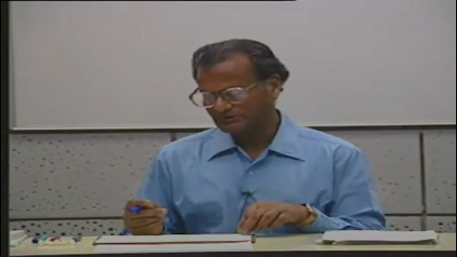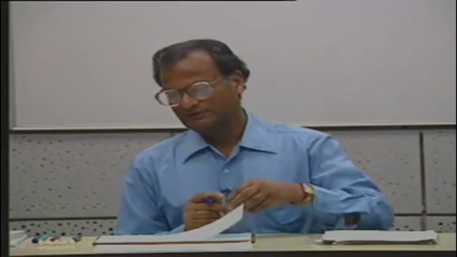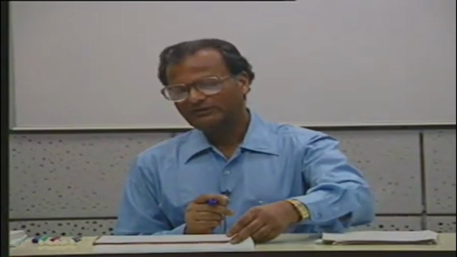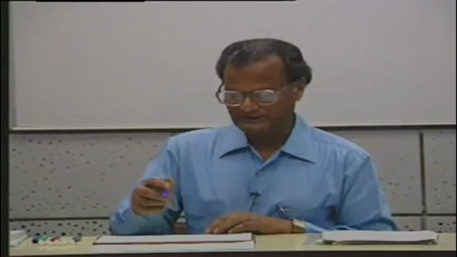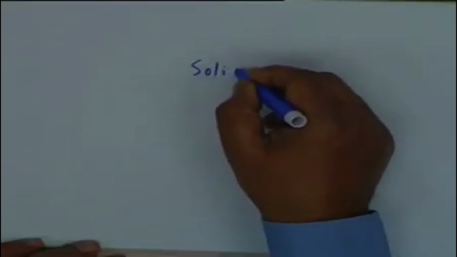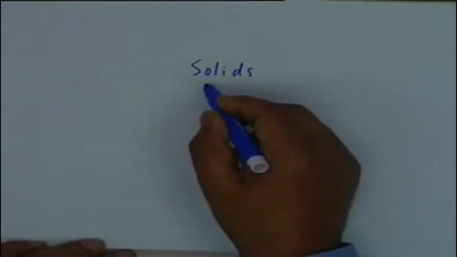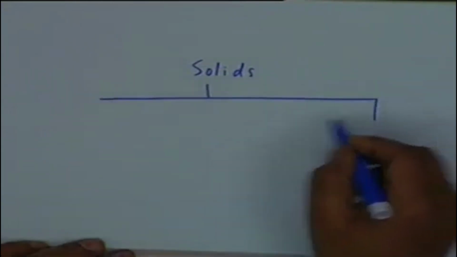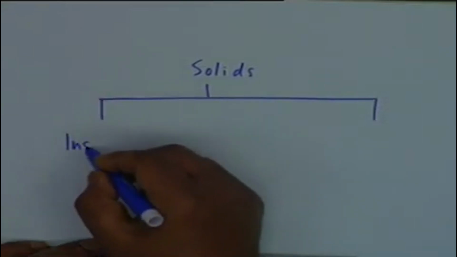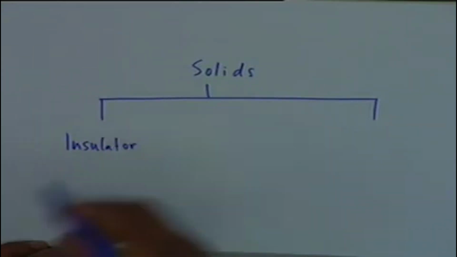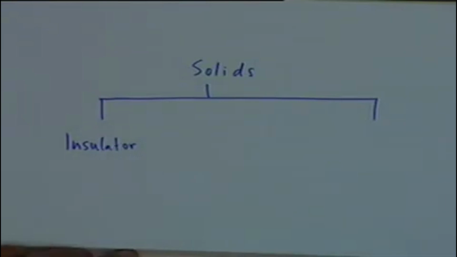Charge carriers are important. In solids, depending on the kind of solid, there can be various types of charge carriers, and solids, according to their capability of conducting current, are broadly divided into three classes. The first is an insulator. An insulator has no charge carriers and therefore no conduction of current occurs through an insulator.